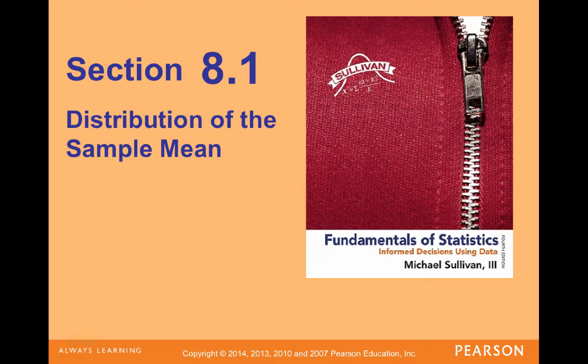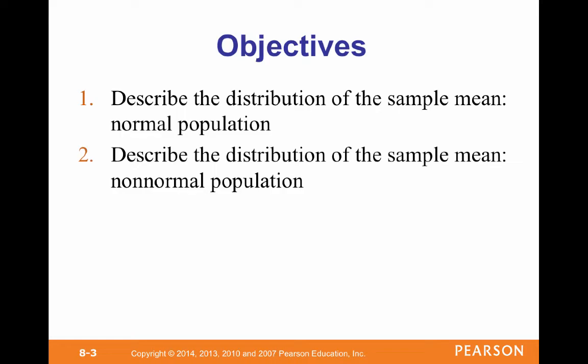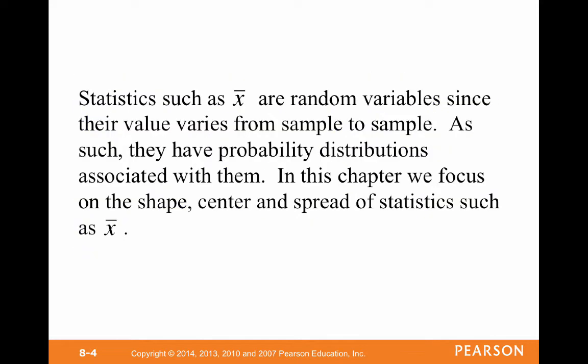So with that in mind, it's important to understand the distribution of the sample mean, which once again is used to estimate the population mean. So if we look at the behavior of the sample mean, it'll give us a better idea how good the sample mean is as an estimate of the population mean. So let's start here.